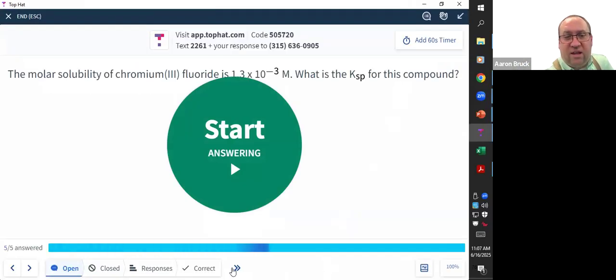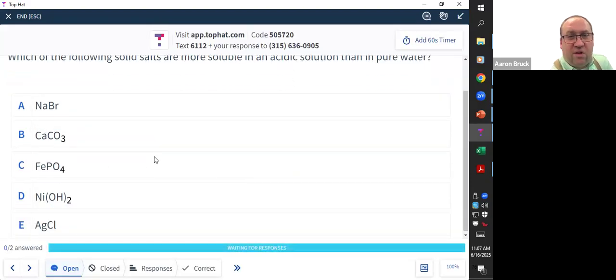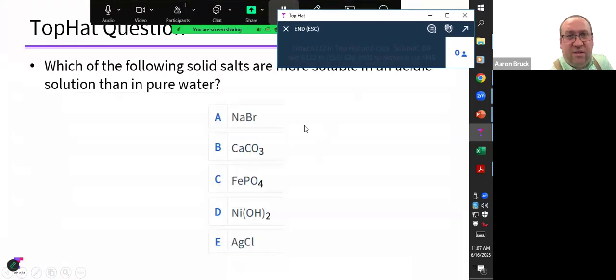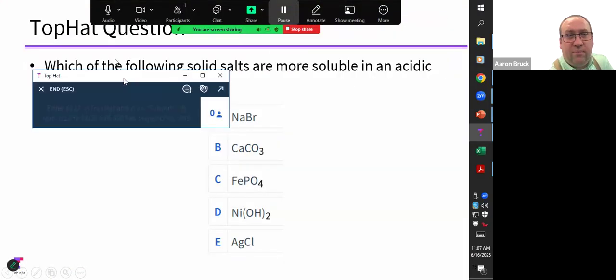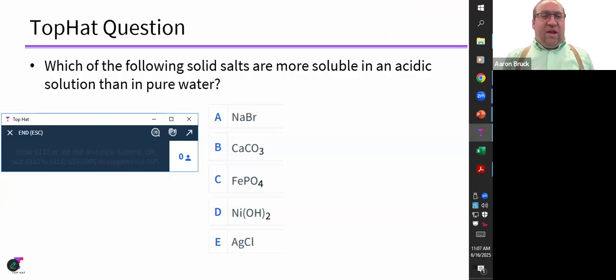All right, so let's answer this question then. Which of the following salts are more soluble in acid than they are in water? So no calculations here. Can you identify where solubility in low pH would be more favorable?